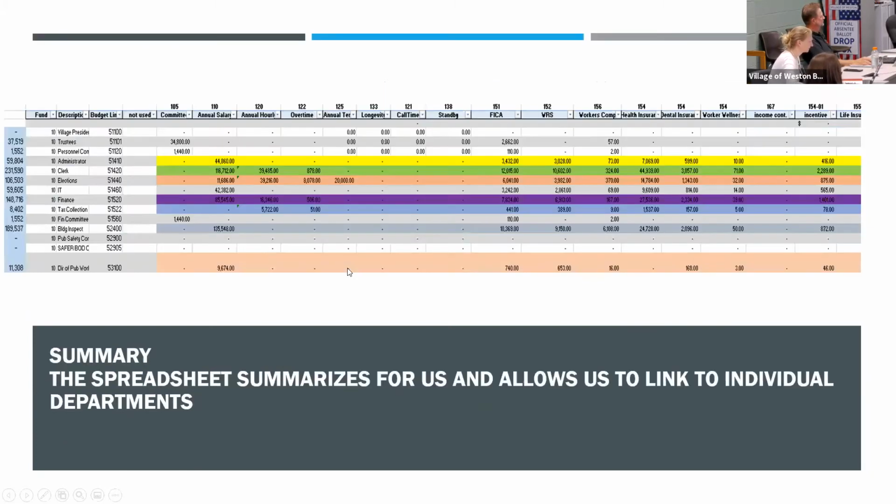And on the bottom of our wage work paper, you'll see a summary like this. We can filter this by fund and by department, and it'll tell us how much is spent in each area.